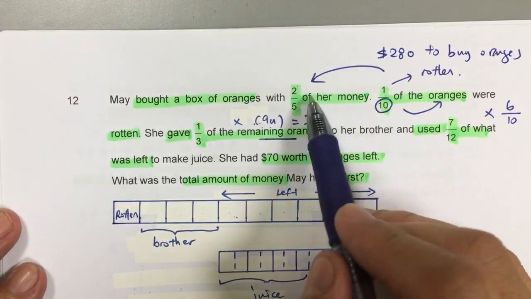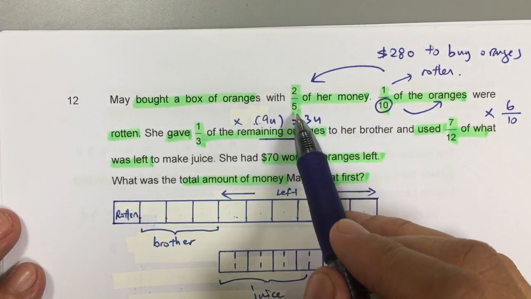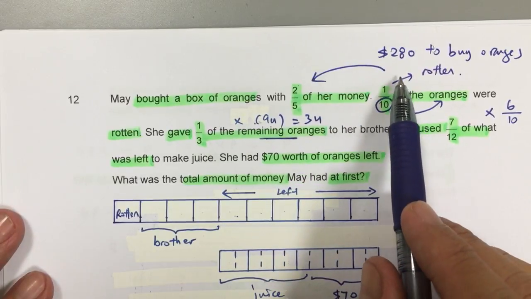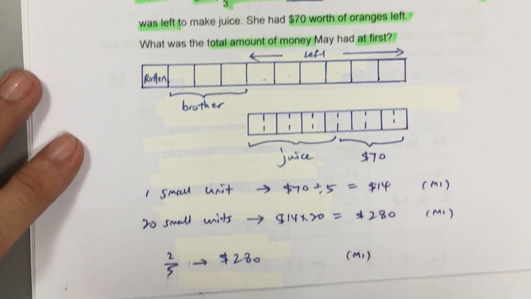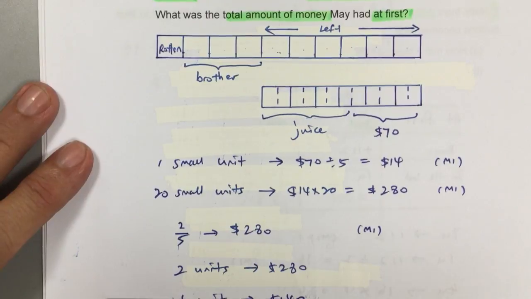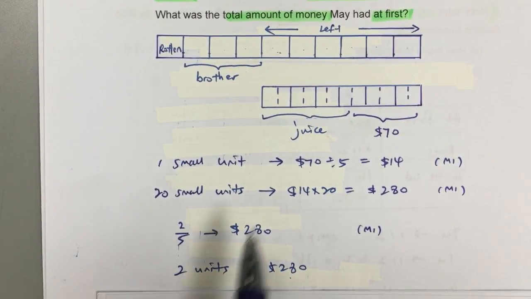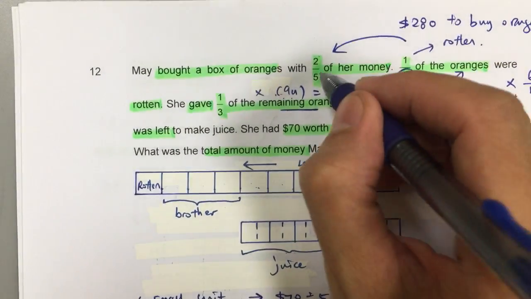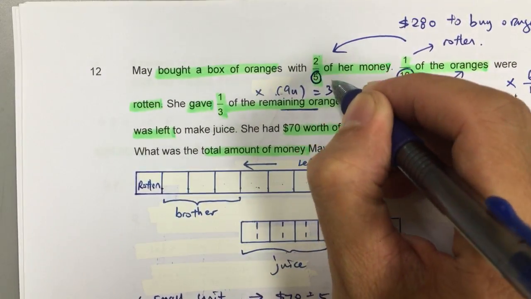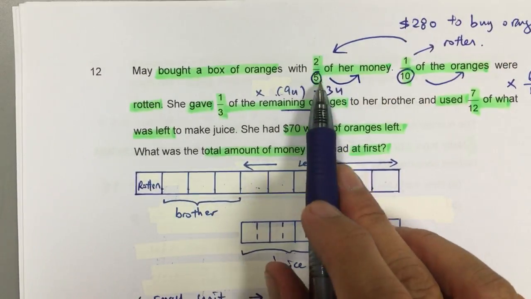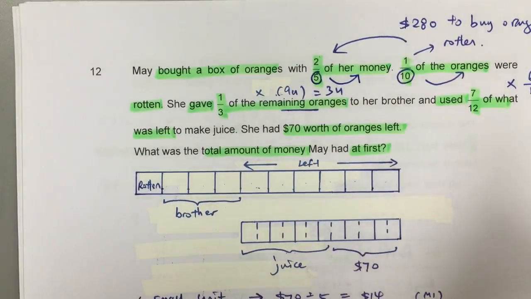So $280 is equivalent to 2/5 of her money. So I put 2/5 is the same as $280. I find then I have 2 units is $280. Total amount of money will be 5 units because her money is 5 units here. She only used 2 units of her money to buy the oranges.